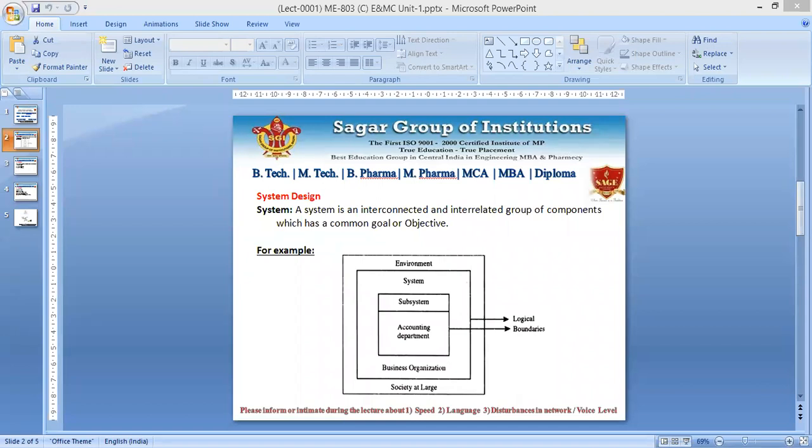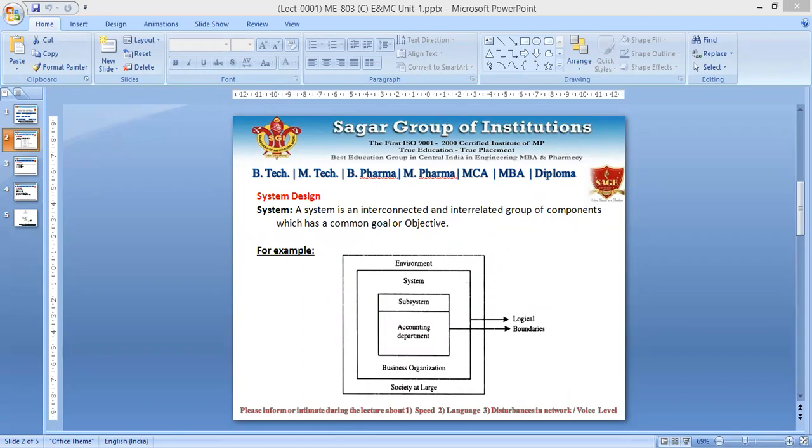Now, to achieve the overall goals of the organization, the set targets of the organization, often these systems and the processes are already defined using the plans, policies, and procedures.